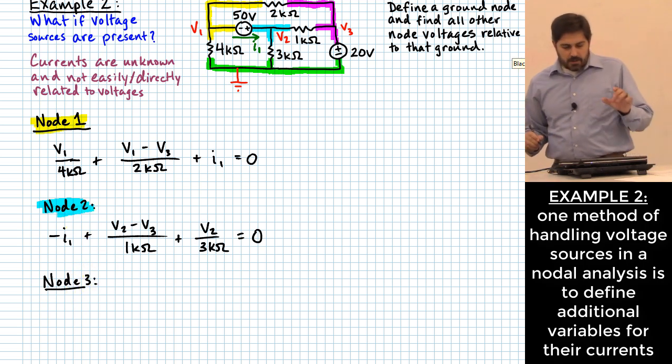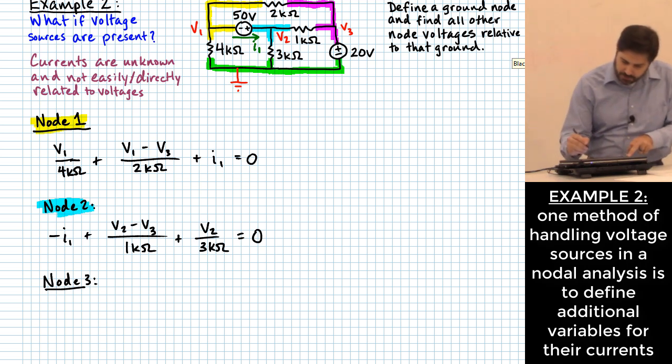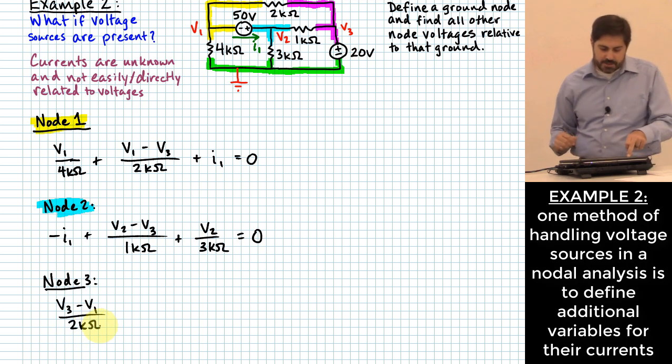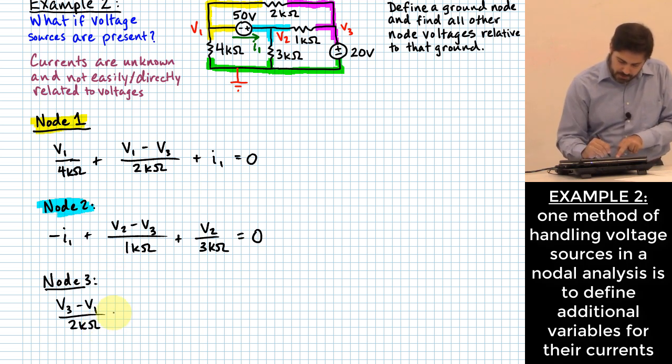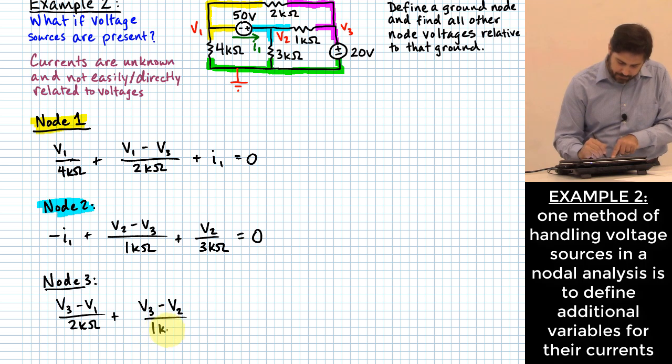Okay, for node 3, I guess I'll start with V3 minus V1 over 2 kiloohms for a current that's leaving node 3 over to the yellow node. Then I'm going to add to that V3 minus V2 over 1 kiloohm.